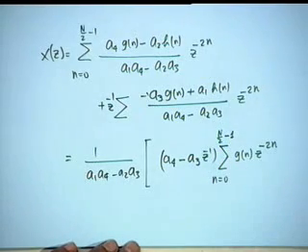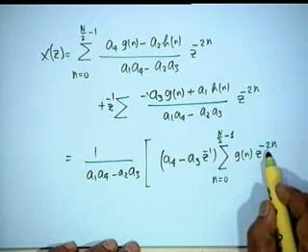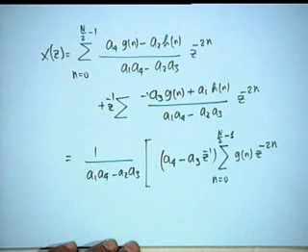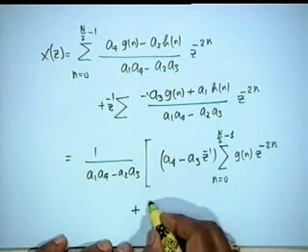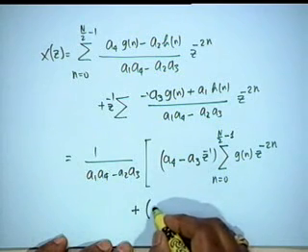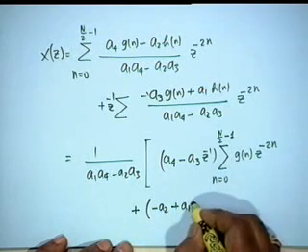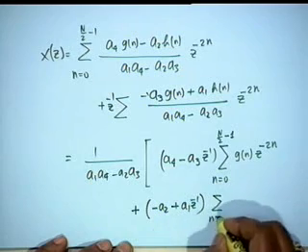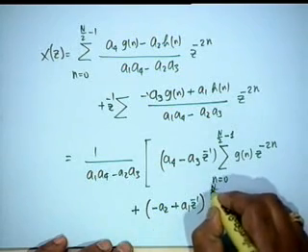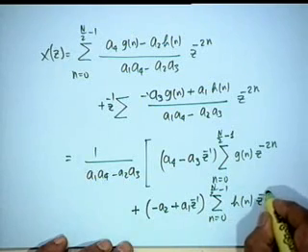You see the summation limits are okay, n by 2 point has already come, and instead of z to the minus n I have z to the minus 2n, and therefore I have already got what I need to do, plus minus A2 plus A1 Z inverse multiplied by summation n equal to 0 to n by 2 minus 1 Hn Z to the minus 2n.